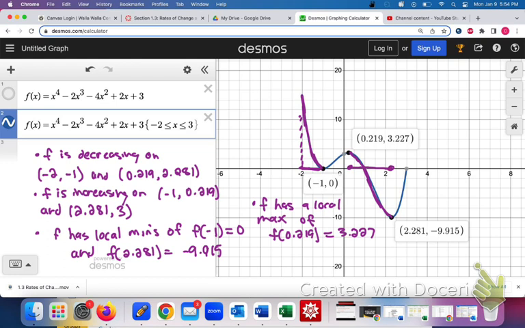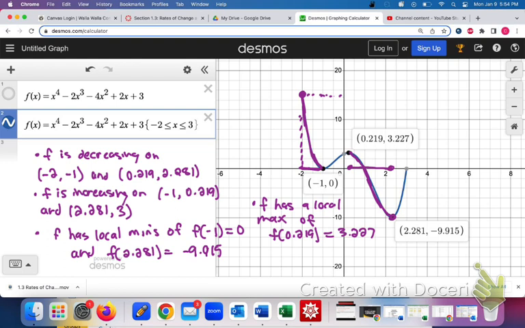And the absolute maximum would be the value of the function at negative 2. That would be our highest point. Our lowest point is still also one of the local minimums.